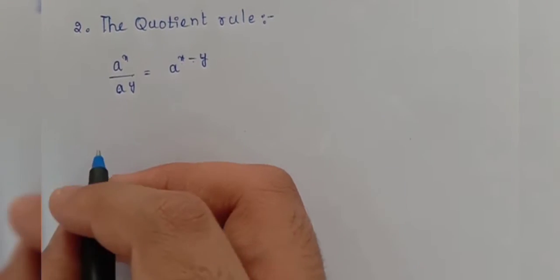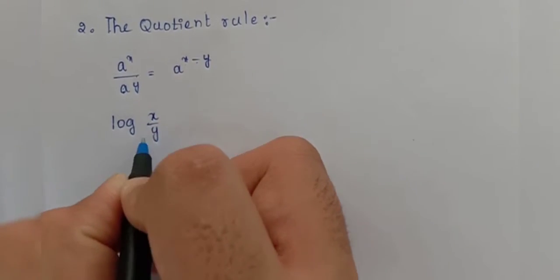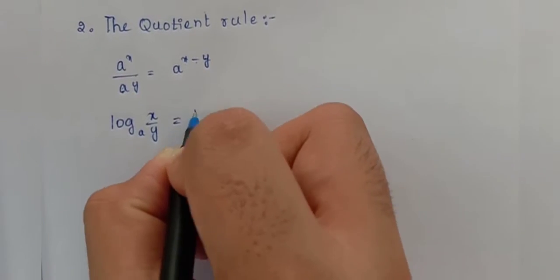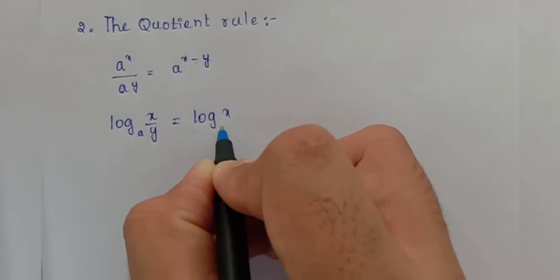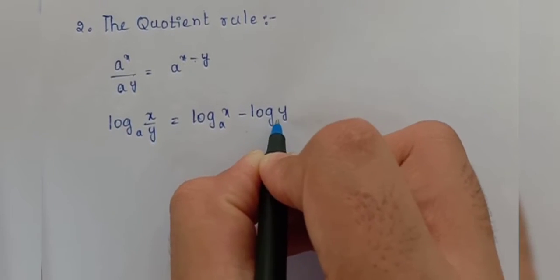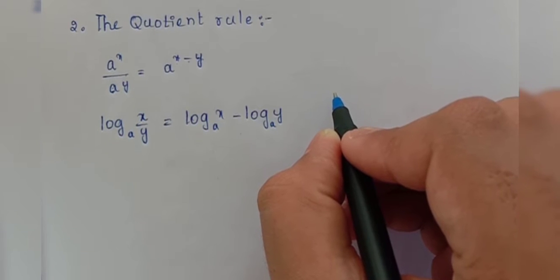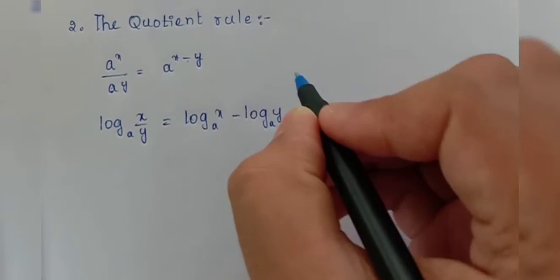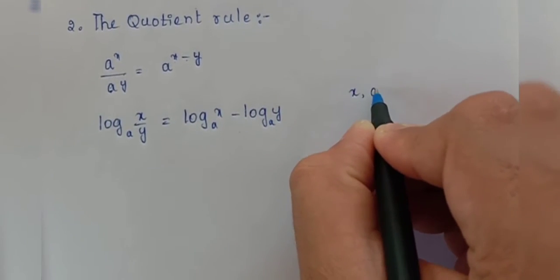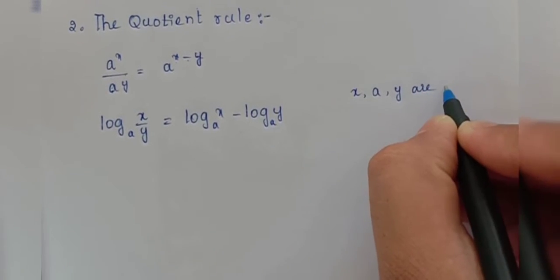Then coming to logarithms, it will be log x by y to the base a equal to log x to the base a minus log y to the base a, where for both the examples x, a and y are positive numbers.